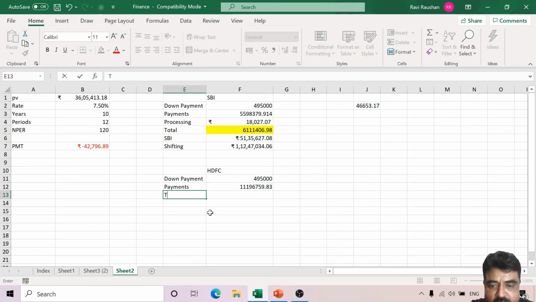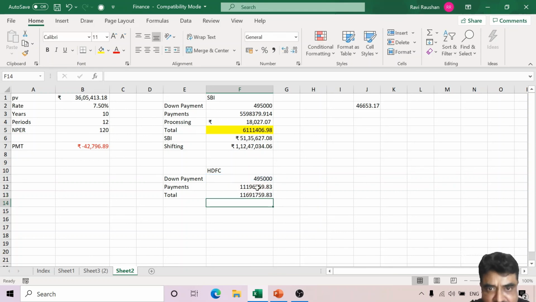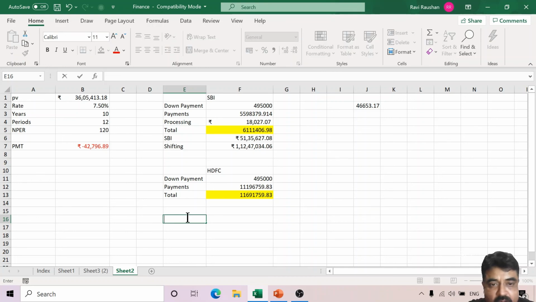Now if I calculate the total amount, this is the total amount I would have paid if I had continued with HDFC. Obviously, if you calculate the difference, you will understand you took a good decision by shifting.